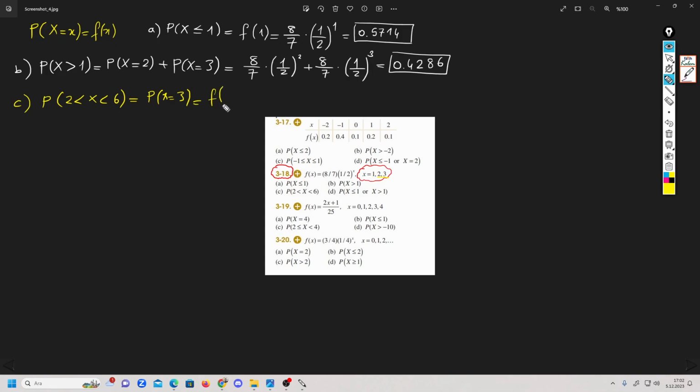So this is actually f of 3 and it is equal to 8 divided by 7 times 1 over 2 to the power of 3. It is 0.1429. By the way, in the previous one, this is actually f of 2, and this is actually f of 3. So we can write this one like that.